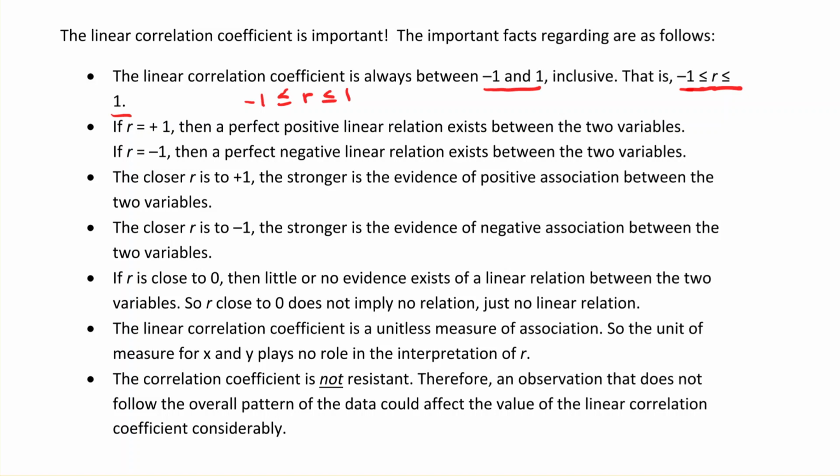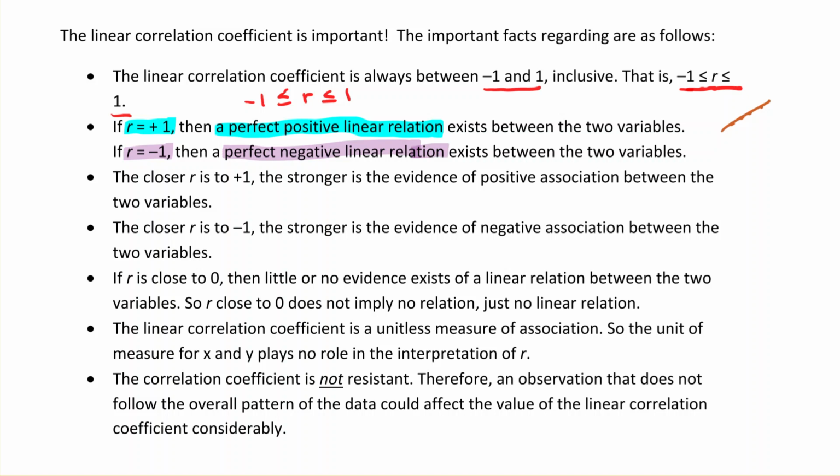So let's look at the interpretation. If R is exactly +1, then we have a perfect positive linear relation between the two variables. That means we have a straight line, something like this, and all the scatter plot points are on this line. If it's -1, then we have a perfect negative. It's not always going to be exactly 1 or -1.